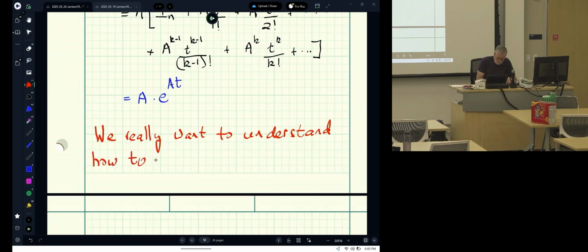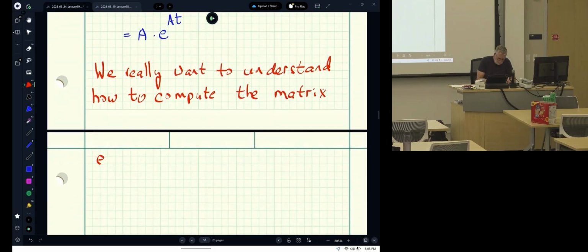We want to understand how to compute the matrix exponential and understand its qualitative properties.